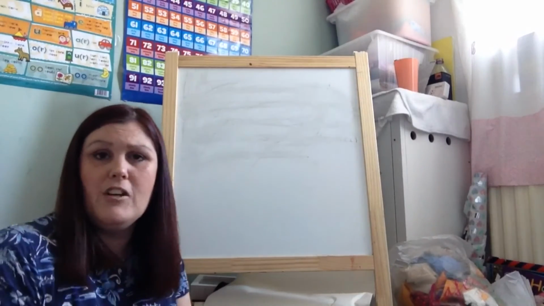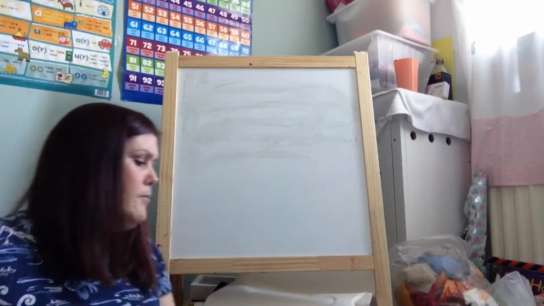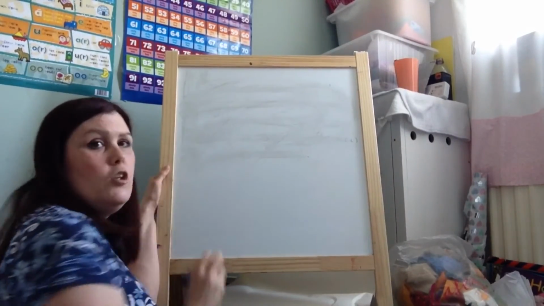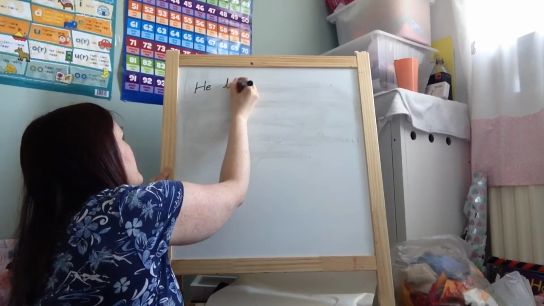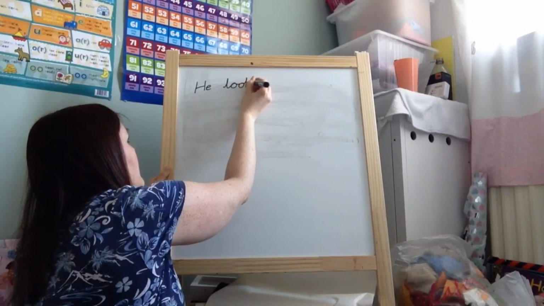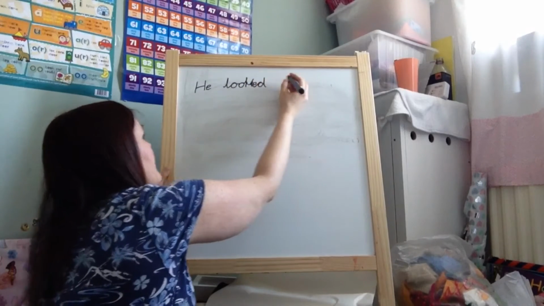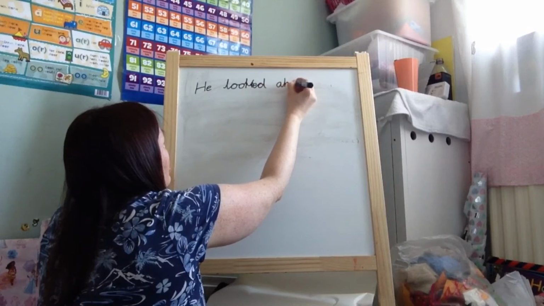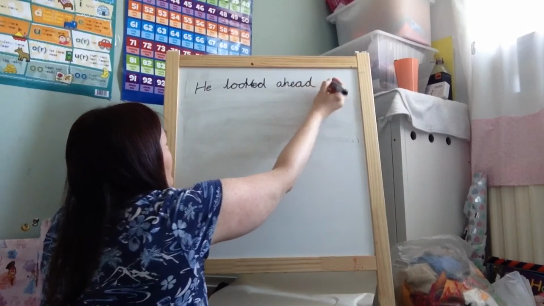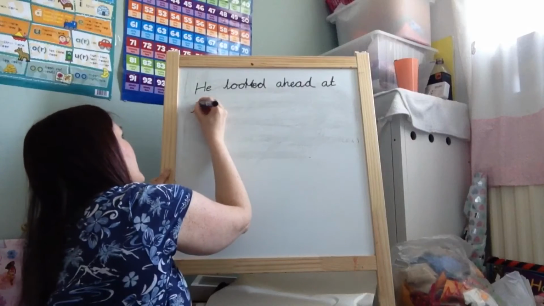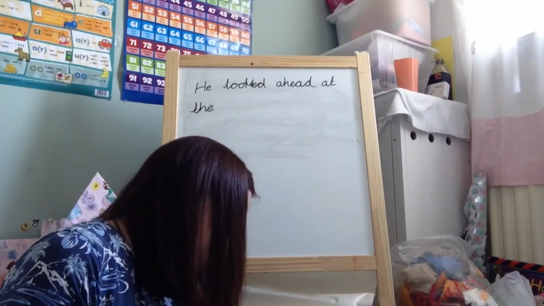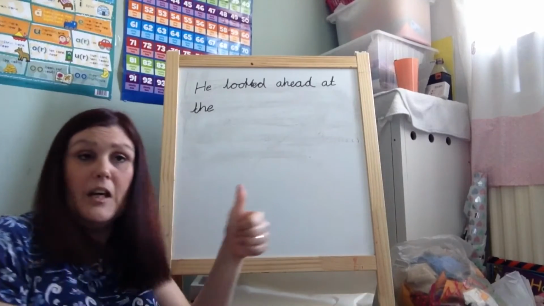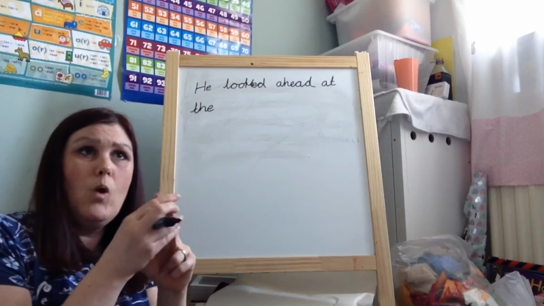So I would say we're describing, we aren't the adventurer, we're talking about the adventurer. So I'm going to use the pronoun he. He looked ahead at, and this is where we're going to describe the path. Now, I liked the words crooked, snowy, winding.